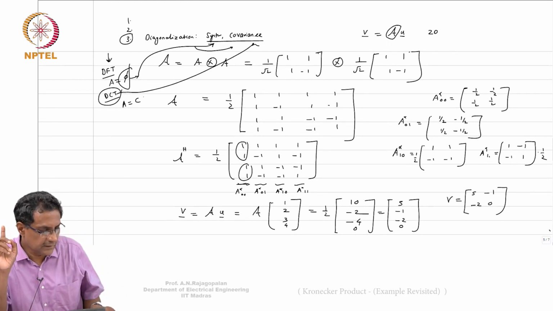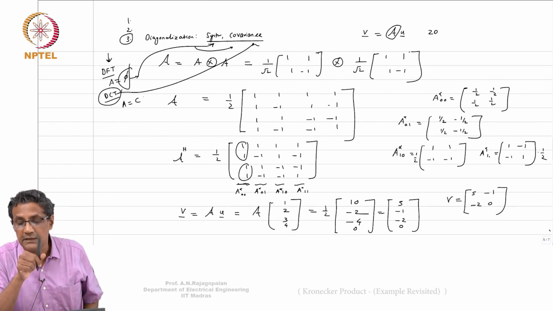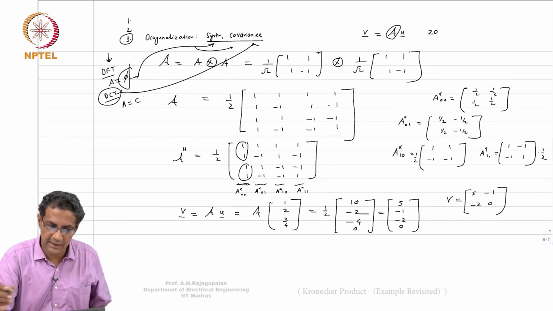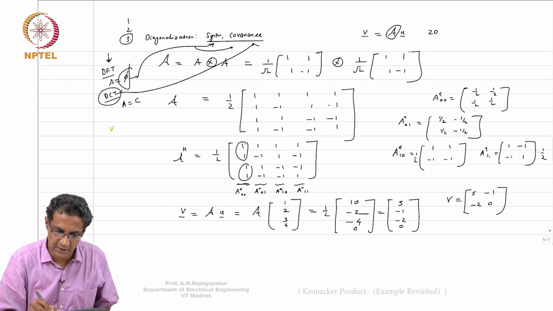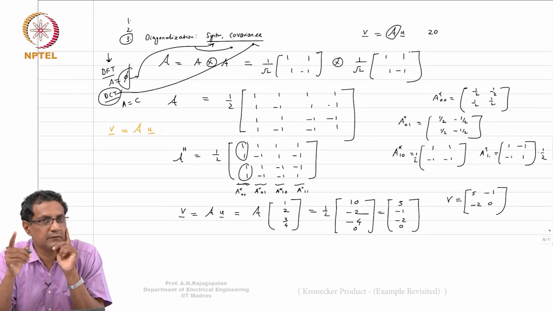Now, there is one point I forgot to tell. For example, I have this expression, V is equal to script A times U. Now it would have at least struck some of you, some of you would have this doubt.